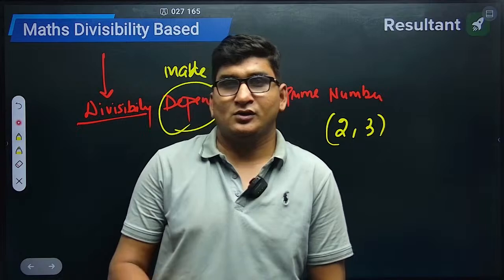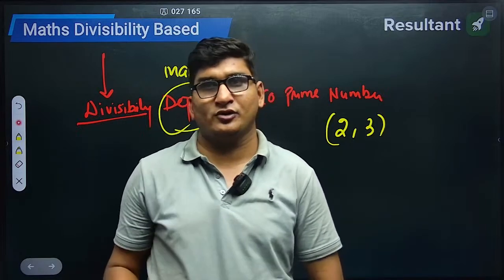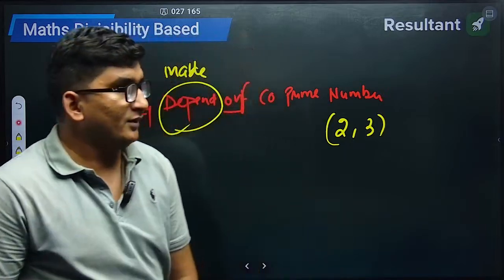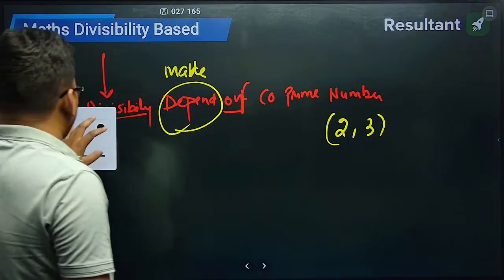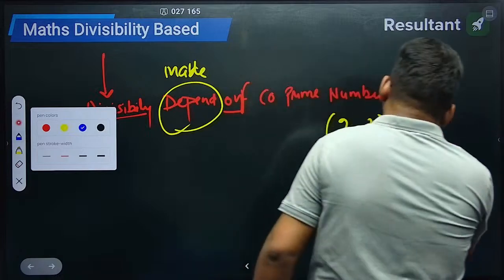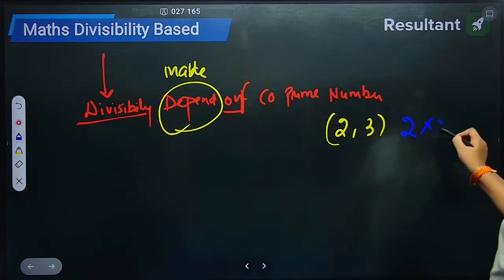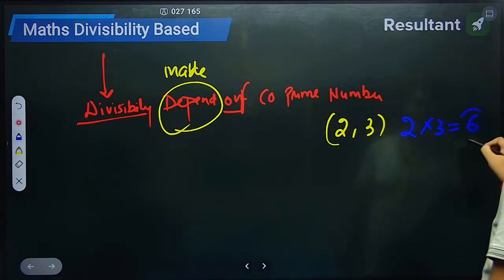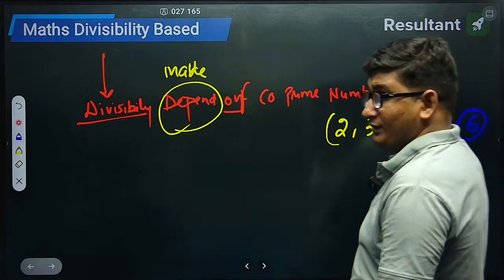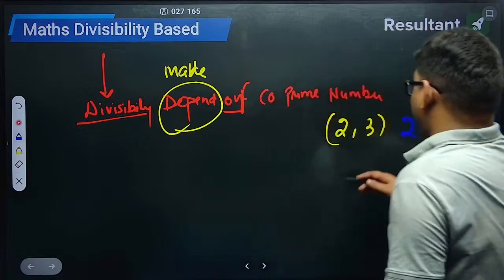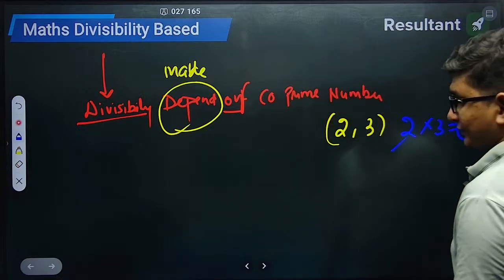Co-prime means two such numbers cannot both be divisible by more than 1, they cannot be divided by any number other than 1. So now you can see one thing here. After multiplying 2 and 3, we will receive 6. For the divisibility of 6, there is no requirement to find out the divisibility, because if you divide by 2 and the number is divisible, then check 3 as well.